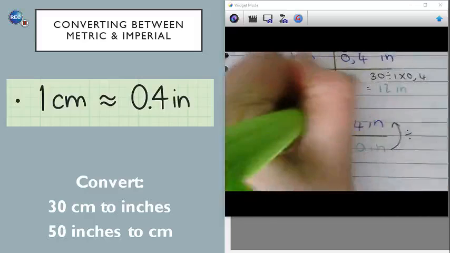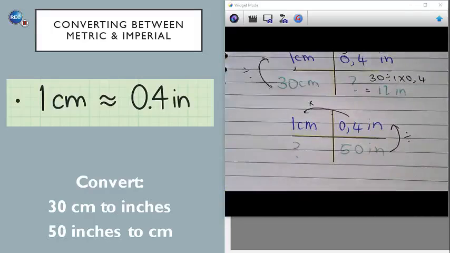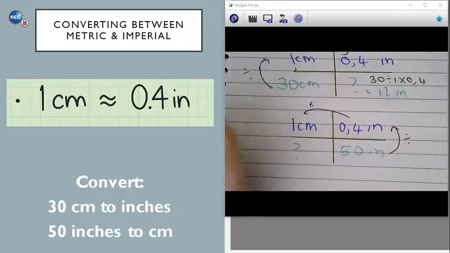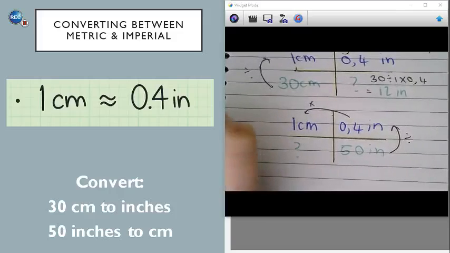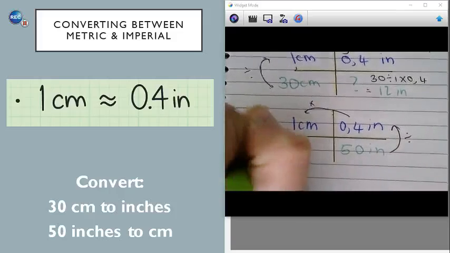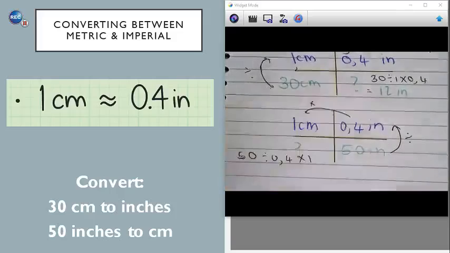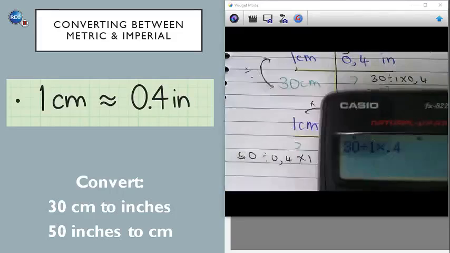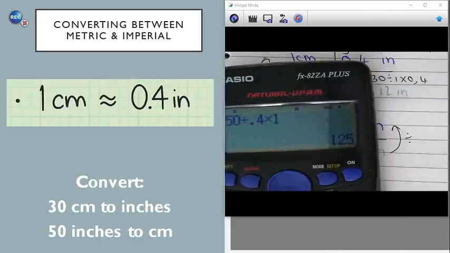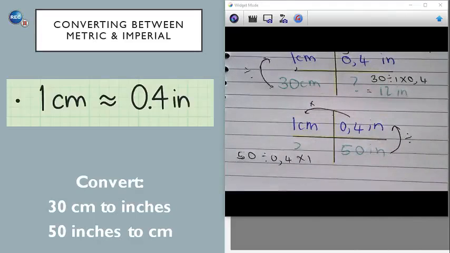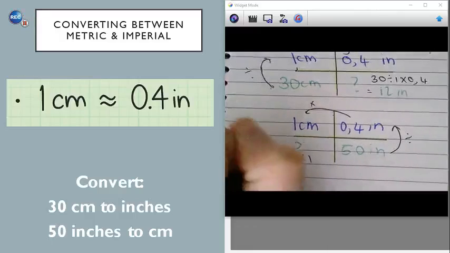Divide up and times across. So this will be 50 divide by 0.4 times by 1. So if we go 50 divide 0.4 times 1, we end up with 125. So our answer here will be 125.